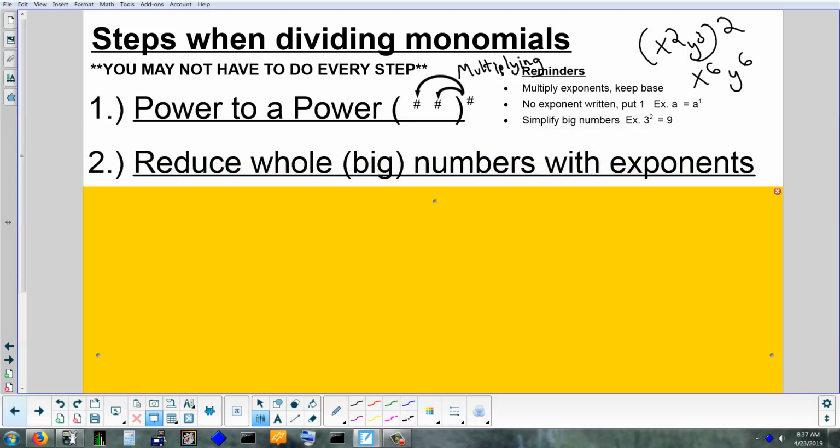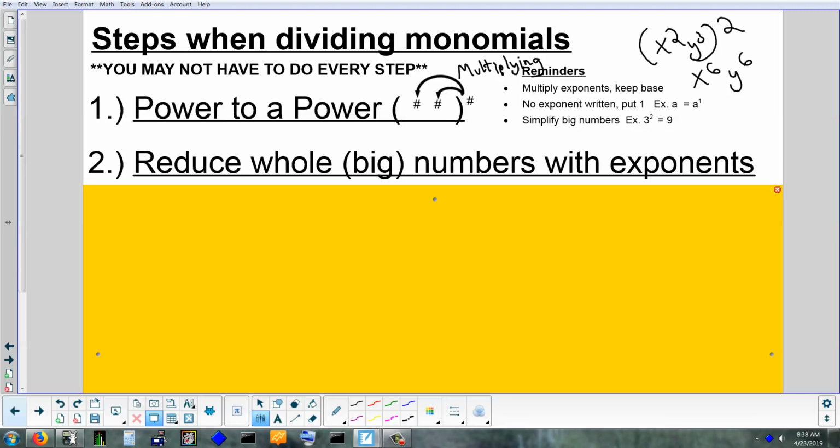Next, we want to reduce our whole numbers that have exponents attached. On your reminders, where it says simplify big numbers, if I have 3 to the second, I want to make it 9, because it means 3 times 3. If I had 2 to the second, 2 times 2 would simplify to 4. If I have any whole numbers that have exponents attached, I want to simplify them.